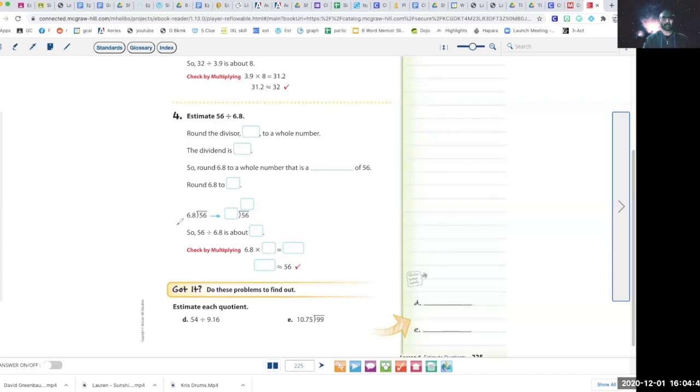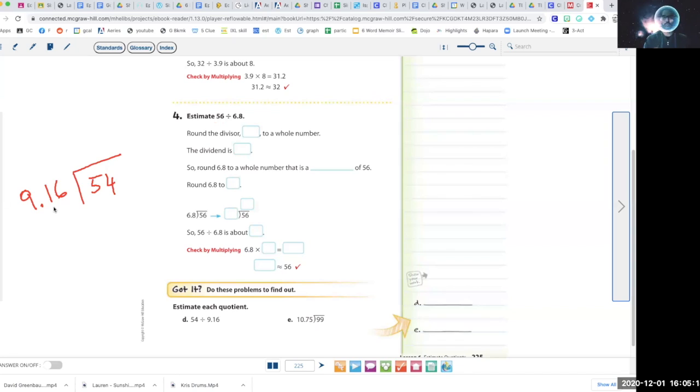So let's try letter D. I'm just going to remind you how we're going to write this. 54 divided by 9.16. You're going to change this decimal number into a number that easily goes into 54. What will it be? Let's figure it out. See if you can do it.